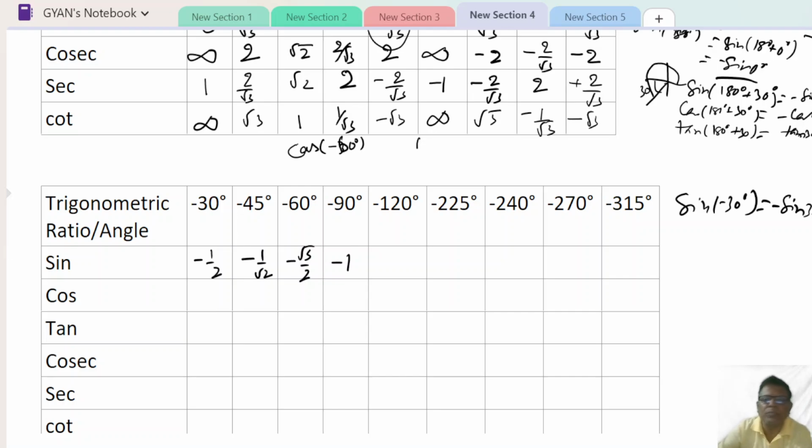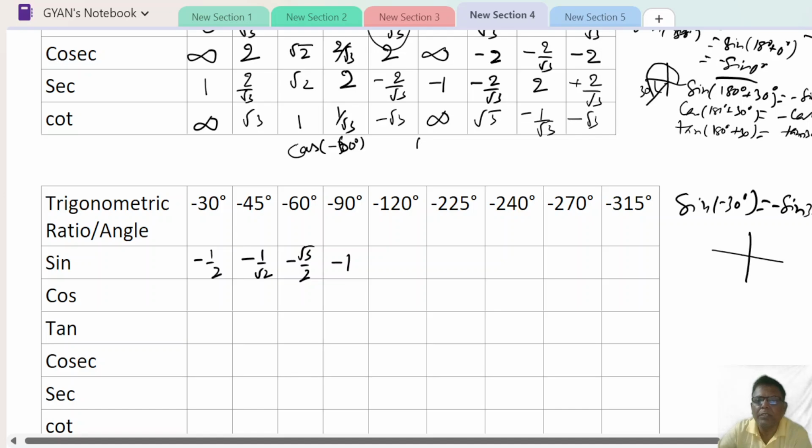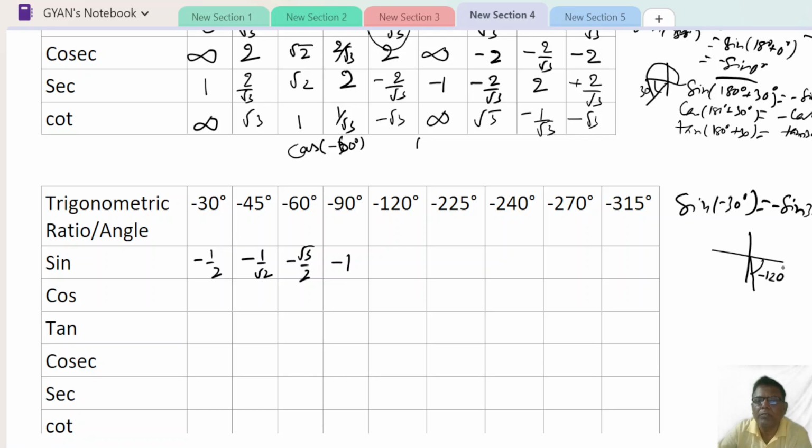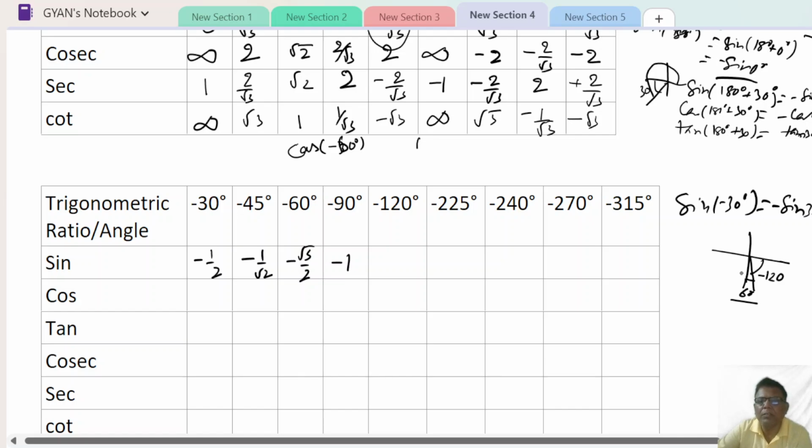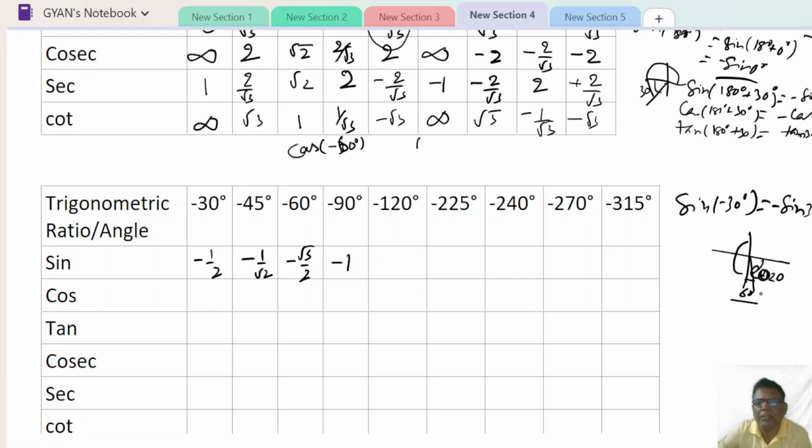Now come to the minus 120. So where is minus 120 lying? Somewhere here it is lying, minus 120. Which formula can you use? Minus 120 will lie here. So this is 90, and this is 30. So what is this angle?